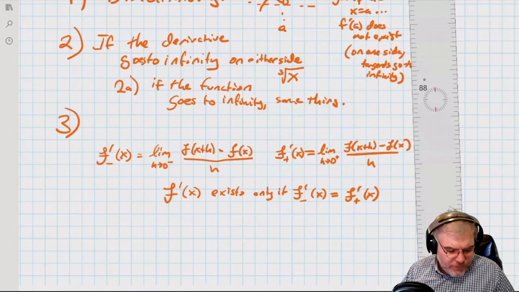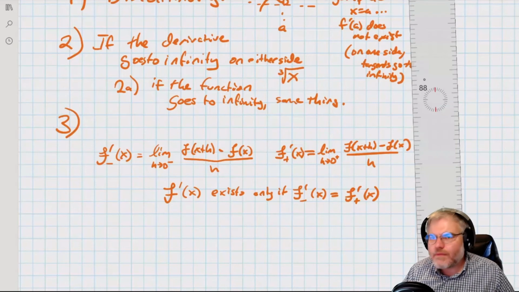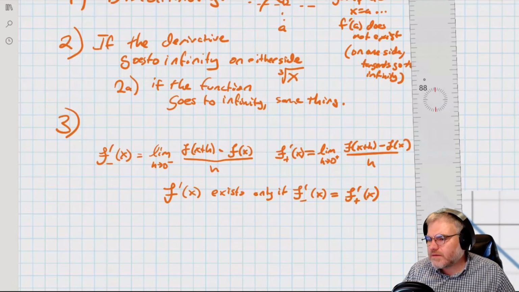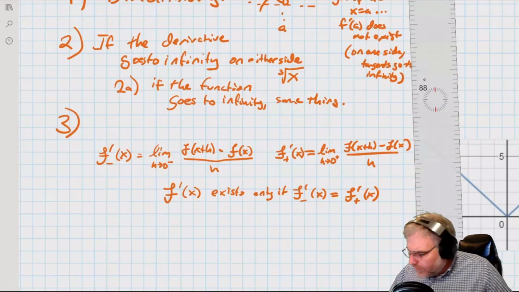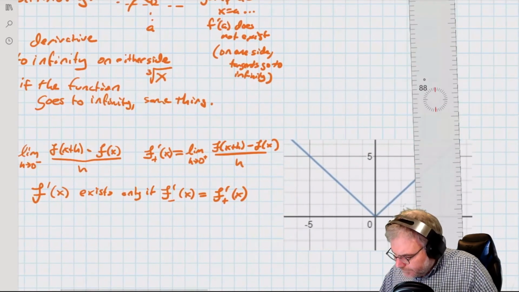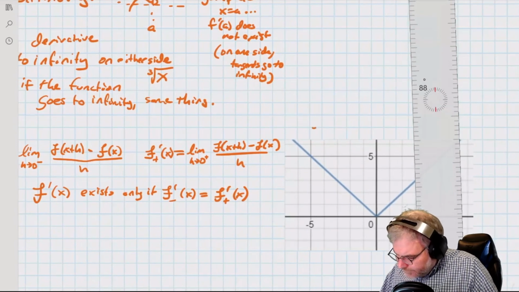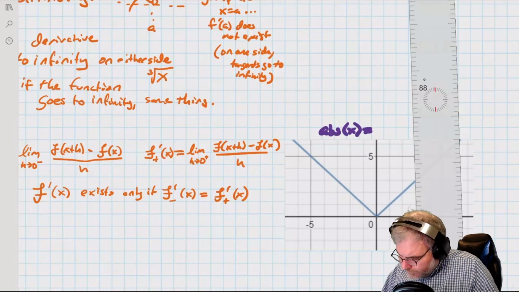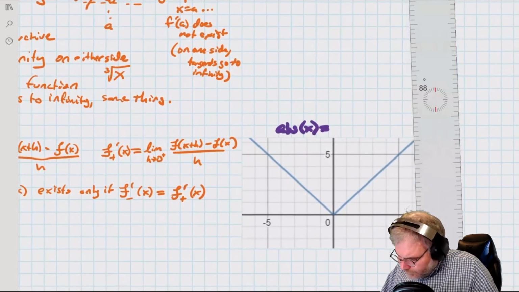And as you approach 0 from the left, the slope here is -1. Right?